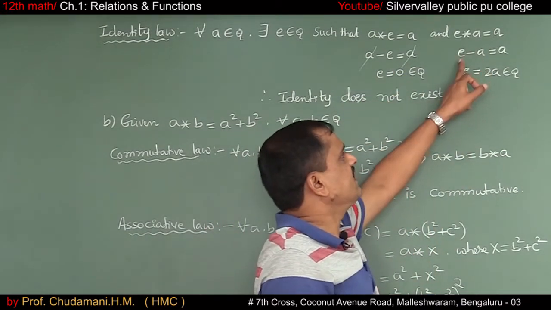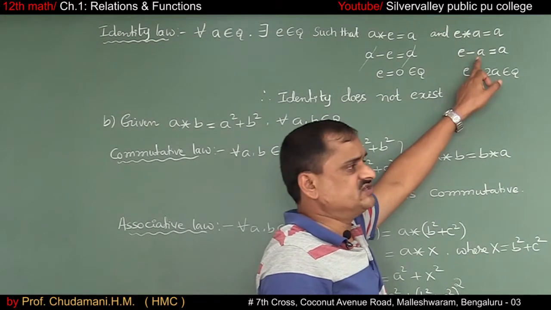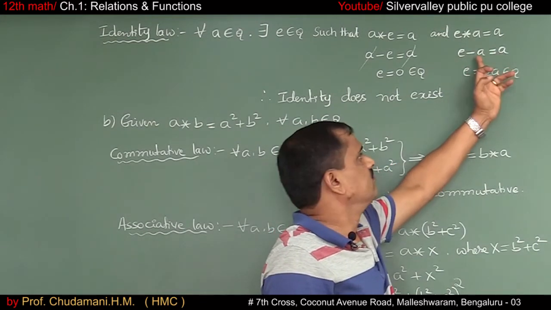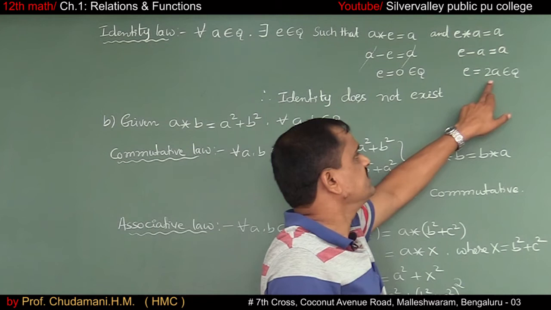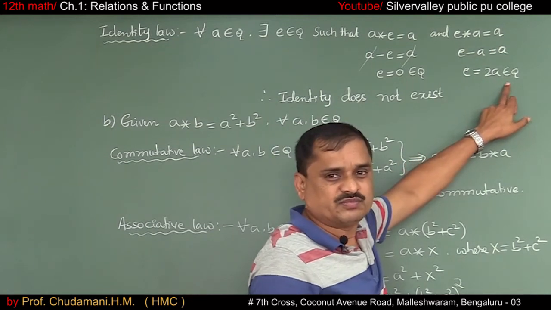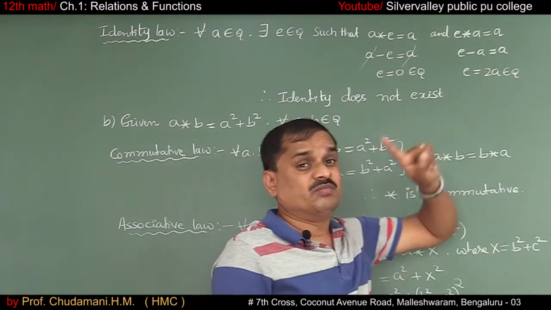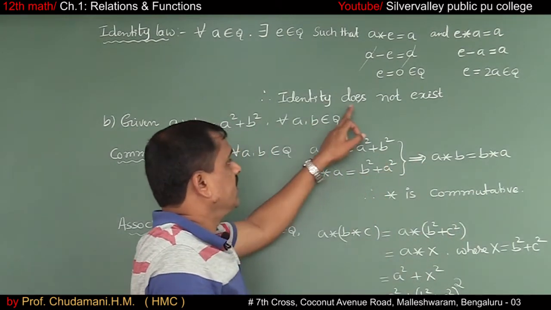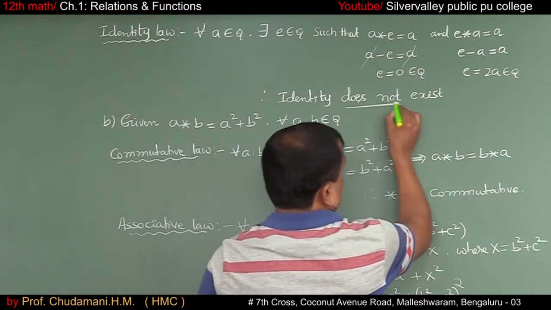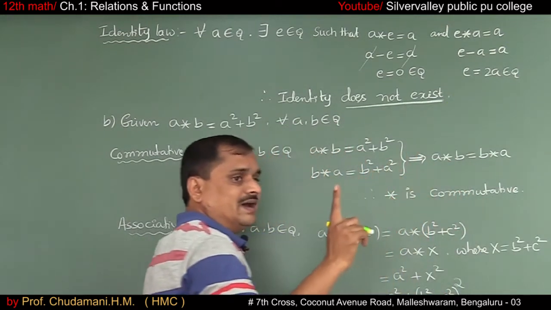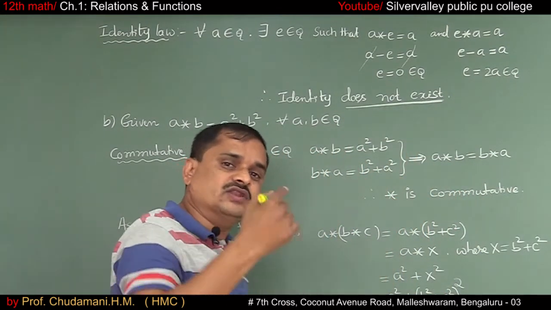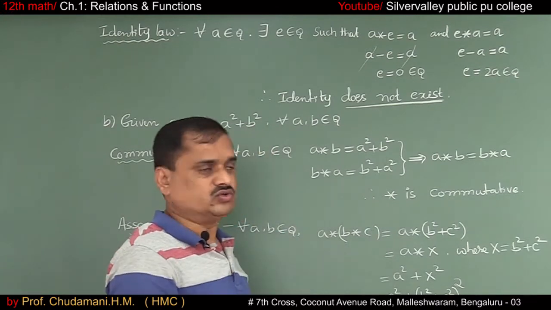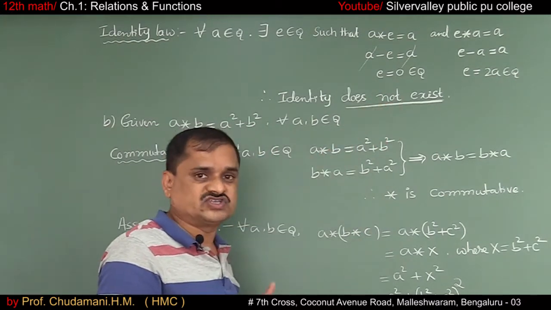E star A means E minus A is equal to A. Taking minus A to the other side, E is equal to 2A. Of course, it belongs to the set Q, but it is not unique. Therefore, identity element does not exist. Since identity element is unique, inverse of an element is also unique. These two are not the same. That's why.